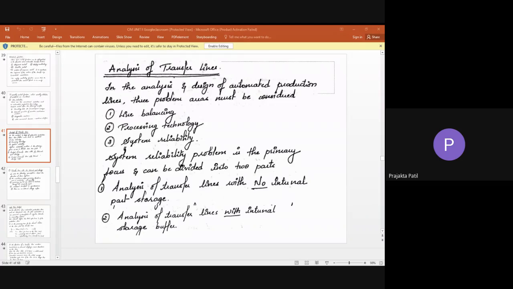There are so many other issues with respect to the material alone. So when we talk about process technology, we refer to the knowledge about the different theories and principles of the particular manufacturing process you are going to use on the production line, and about the raw material.